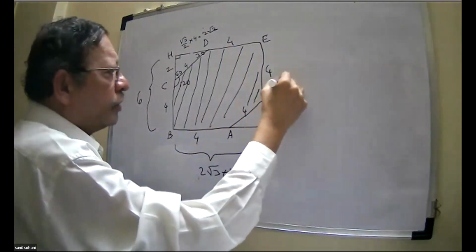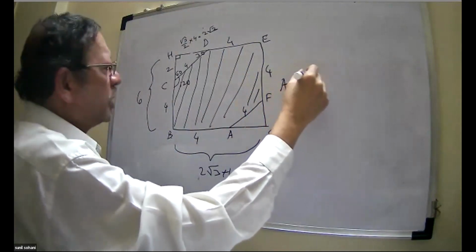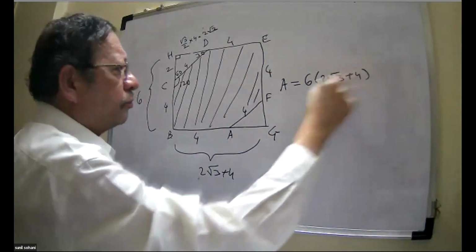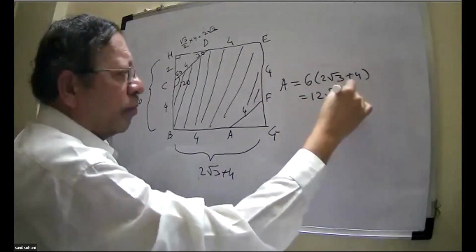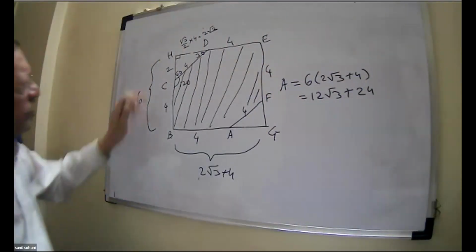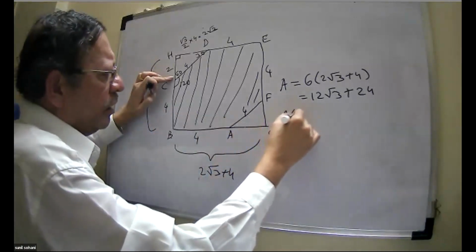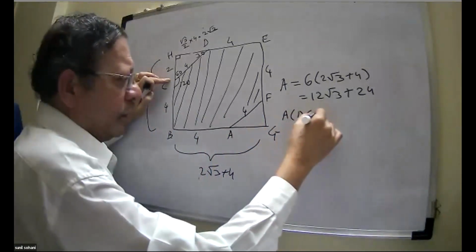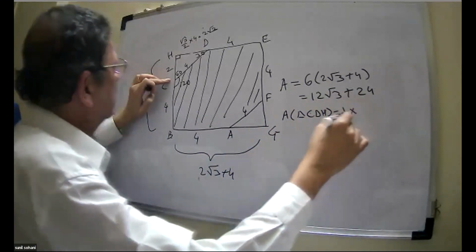So the area of the rectangle will be 6 times 2 root 3 plus 4, which is 12 root 3 plus 24. Now I'm going to find the area of the small triangle. Let's say the area of triangle CDH will be half into base into height.